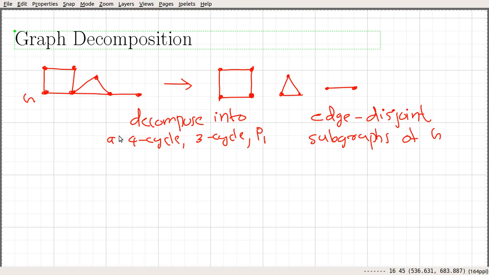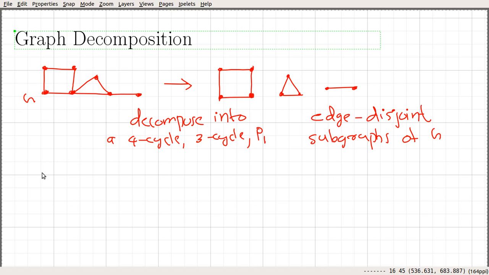So that's what graph decomposition is: decompose a graph into subgraphs in such a way that the subgraphs are edge disjoint.